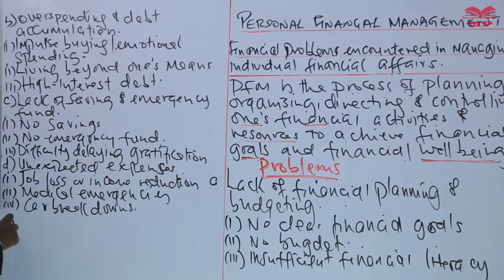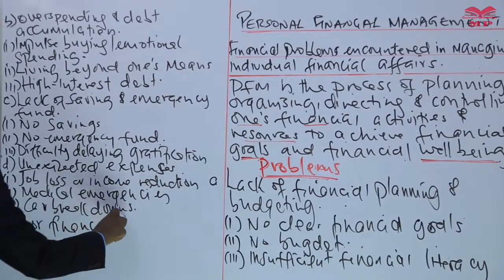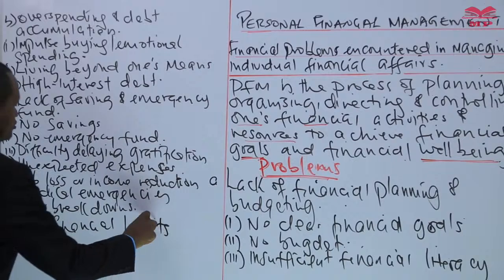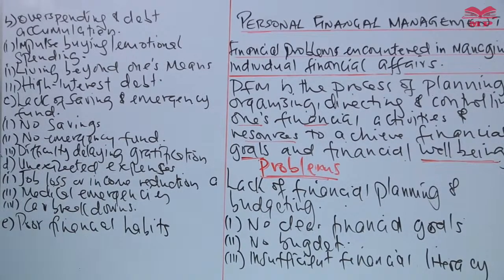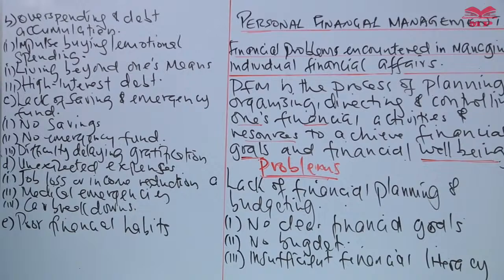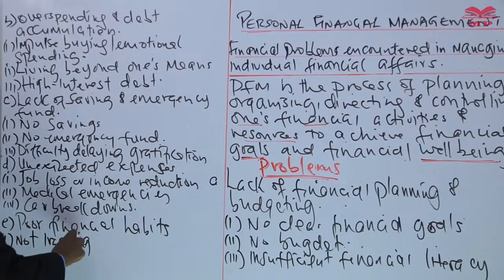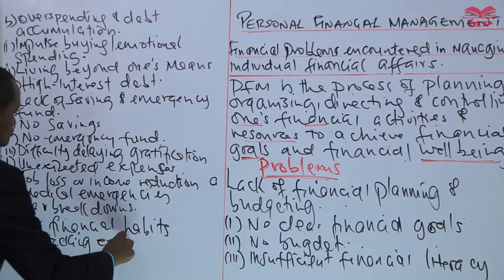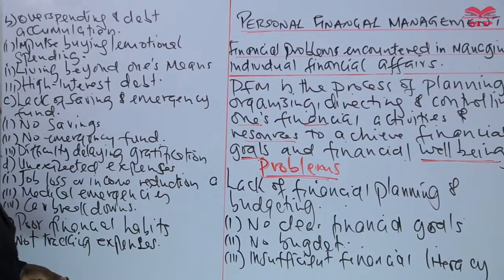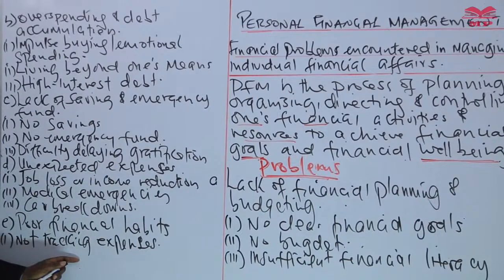5, poor financial habits. Poor financial habits like not tracking expenses. It's very possible for an individual not to know or to track his or her expenses. That is a poor financial habit.